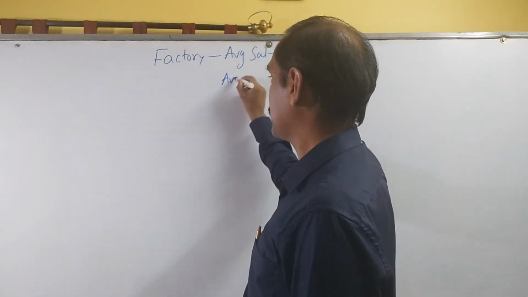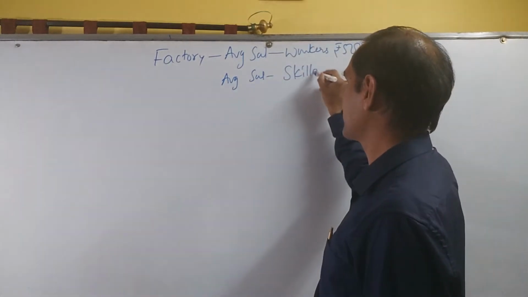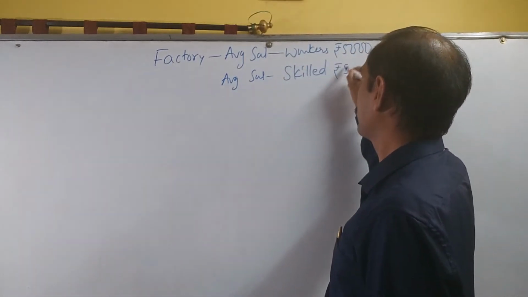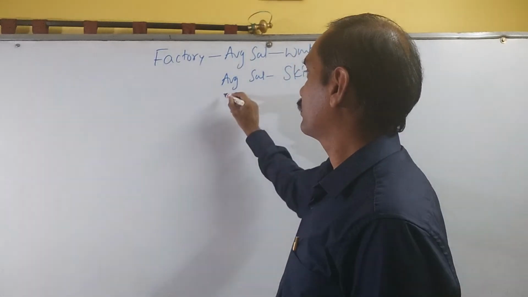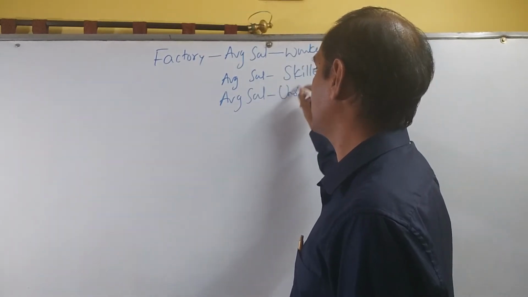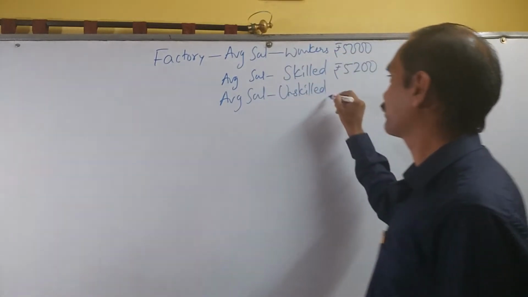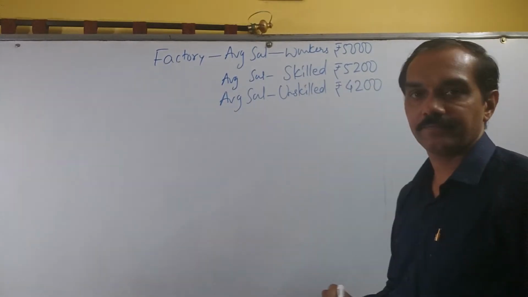The average monthly salary of all the skilled workers is 5,200 rupees. In the same way, the average monthly salary of all the unskilled workers is 4,200 rupees. Right?